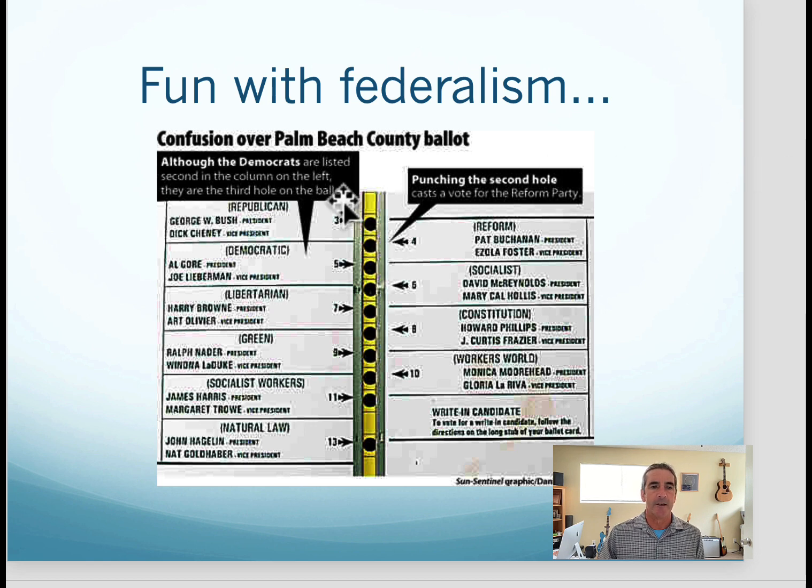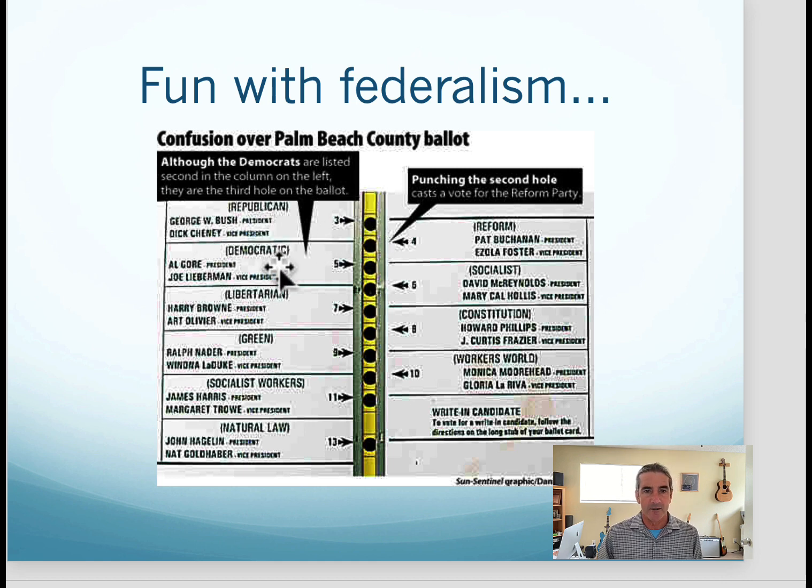But in fact, for a vote for Gore, you should have voted in the third hole. The second hole was actually the punch card hole allocated to Reform Party candidate Pat Buchanan. It's not particularly clear, though. Where to vote for Bush is pretty clear. He's the top name on this list, and there's only one punch hole that's aligned with his name.